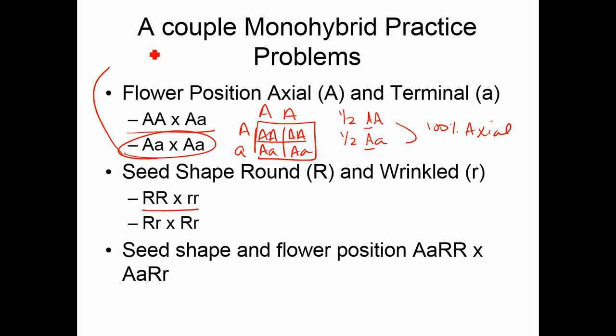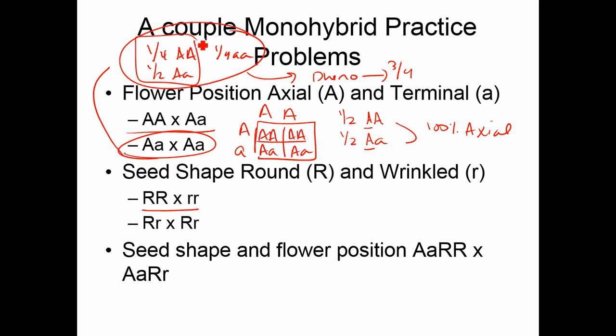You should have ended up with a fourth of them being like this, half of them like this, and another fourth being like this. That also means that this is the genotype, but phenotypically, you're going to have 3/4 of them, these guys, being axial, and 1/4 being terminal.